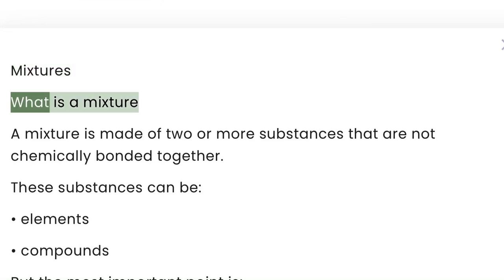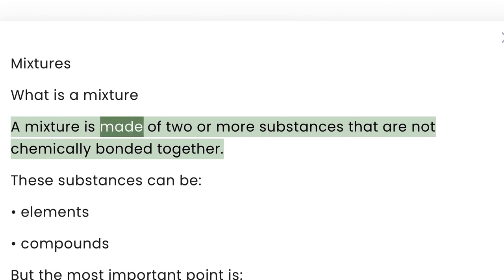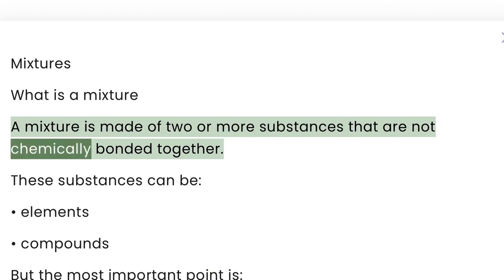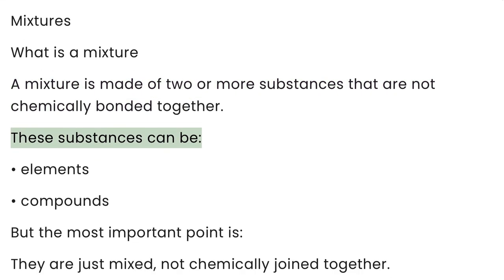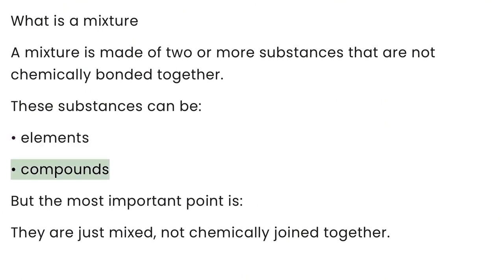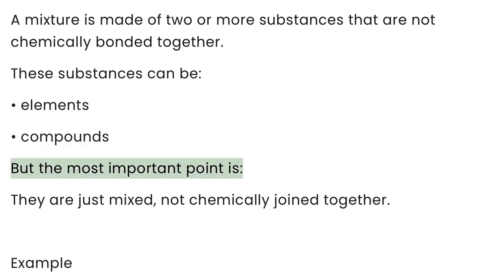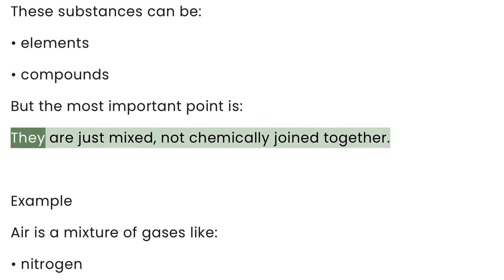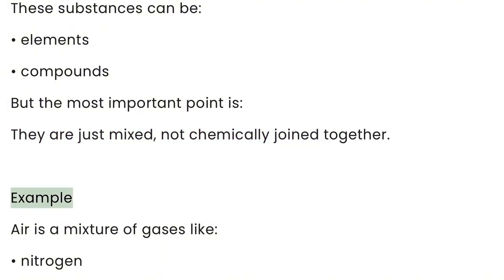Mixtures. What is a mixture? A mixture is made of two or more substances that are not chemically bonded together. These substances can be elements or compounds, but the most important point is they are just mixed, not chemically joined together.